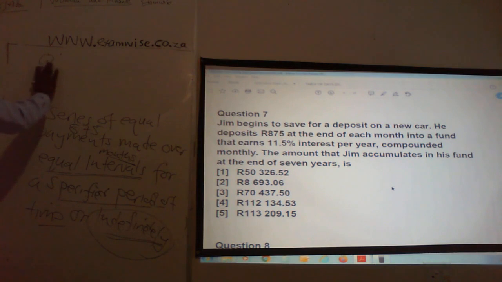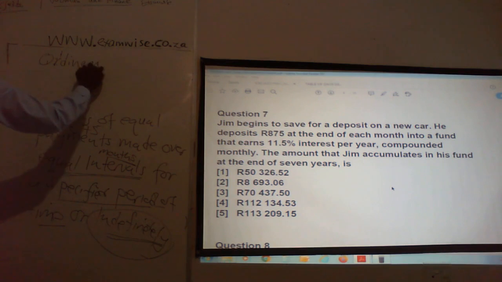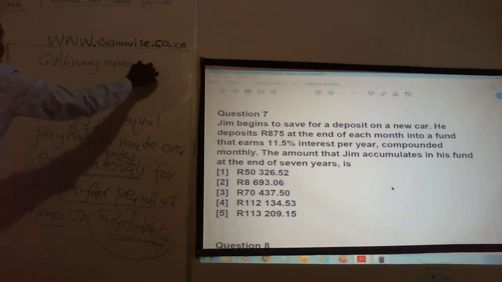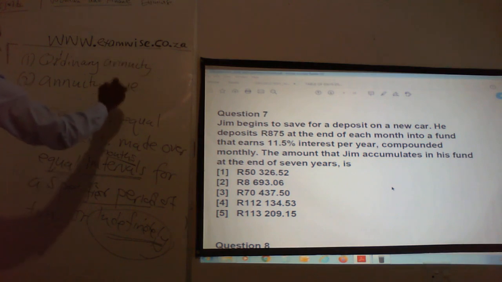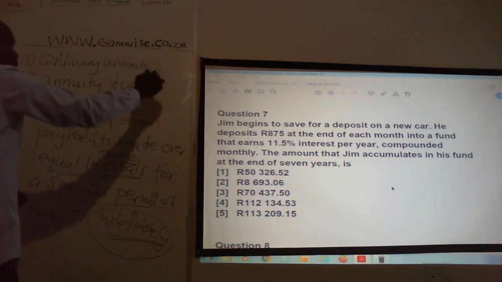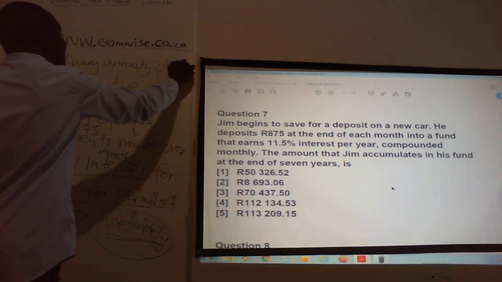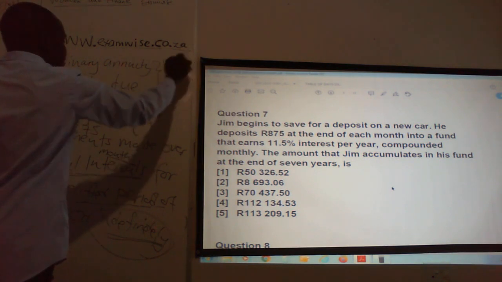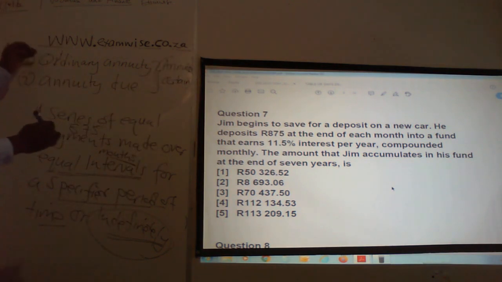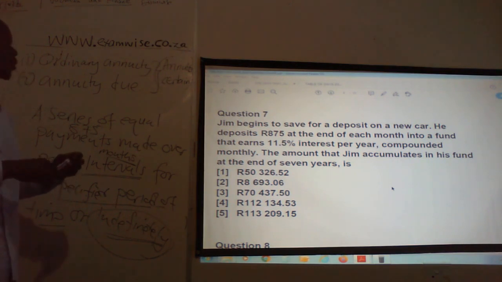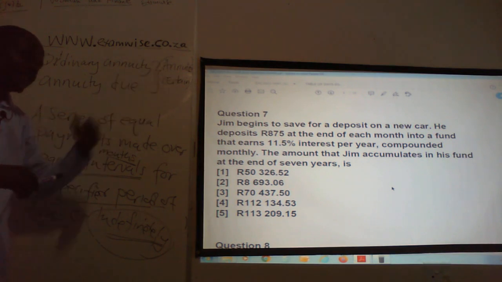The first type is the ordinary annuity, and the second is the annuity due. Both of these fall under a category of annuities which we call annuities certain.